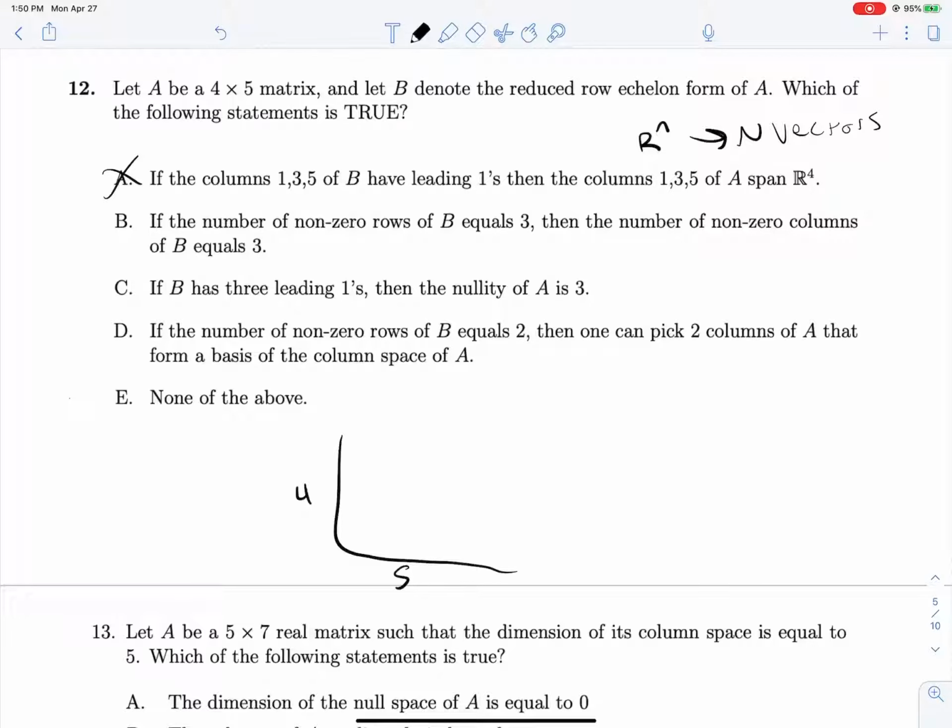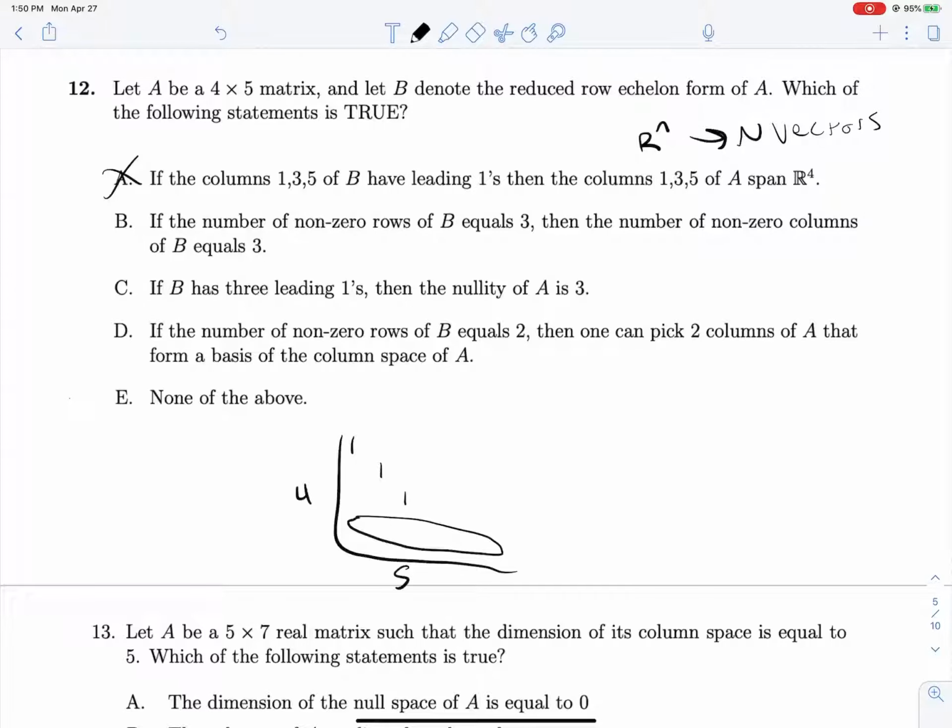What about B? If the number of non-zero rows of B equals 3, then the number of non-zero columns of B equals 3. Okay, let's think about this. The number of non-zero rows. So let's say we have a pivot, a pivot, a pivot, then we have a 0 row down here.